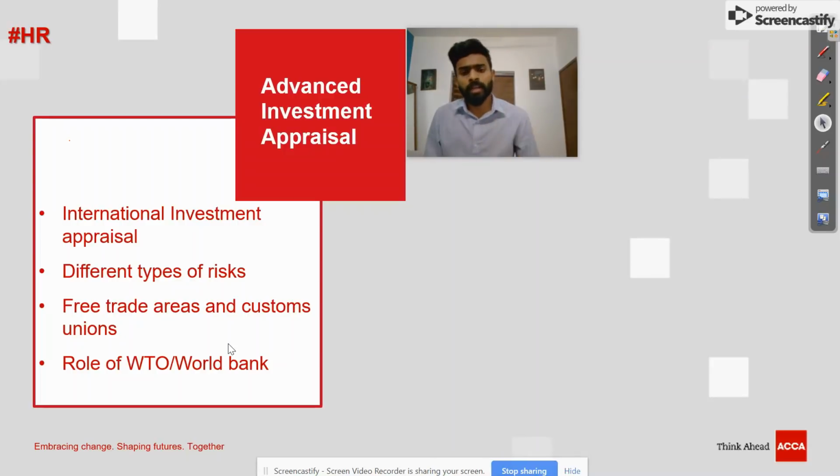And whenever an international investment appraisal question is tested in the exam, a theory question that may be tested will be on the different types of business risks faced by an organization going for a foreign investment. Normally, for foreign investments, the risks are political risk, any tax changes, fiscal risk, any trade barriers, and any cultural difference in the foreign country.